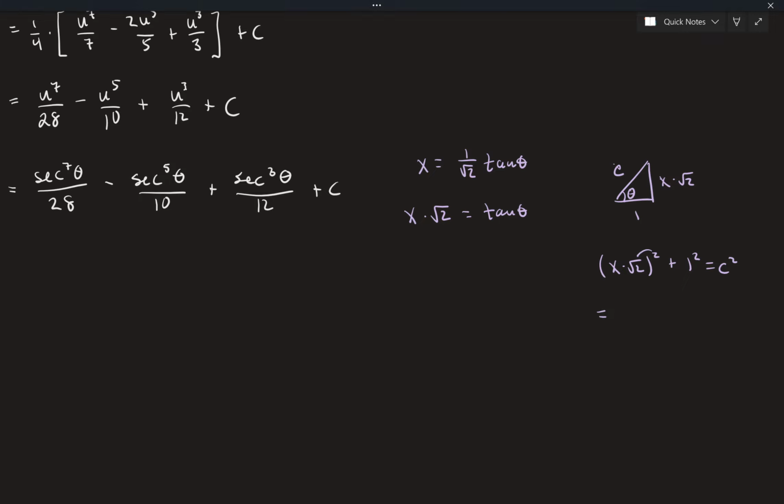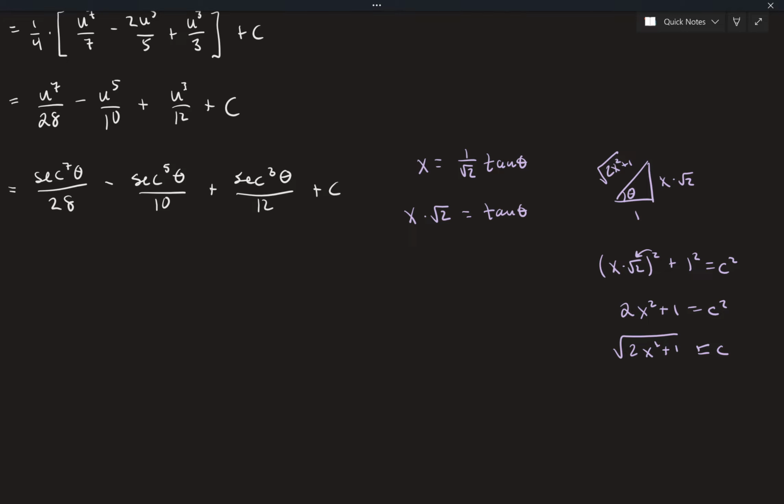That's 2x squared. 2x squared plus 1 is c squared, and so square root both sides. And there you go. So there's my c. It is the square root of 2x squared plus 1.